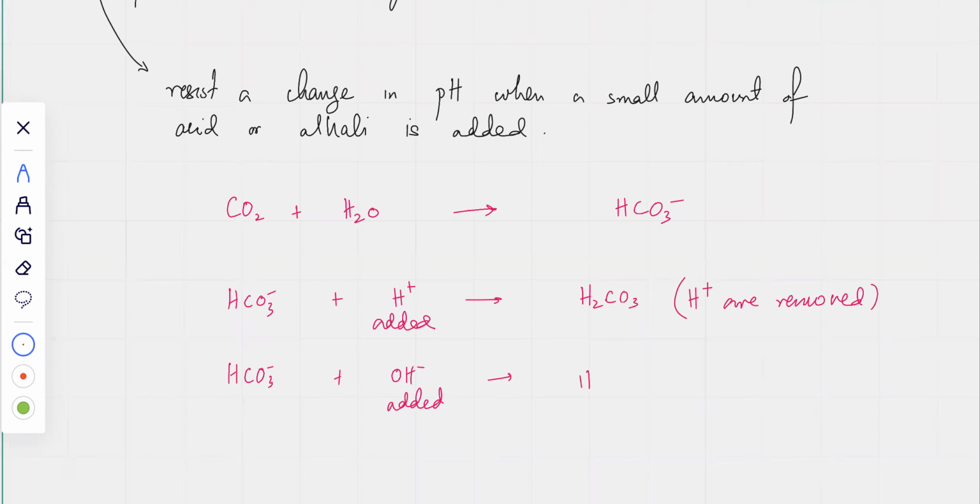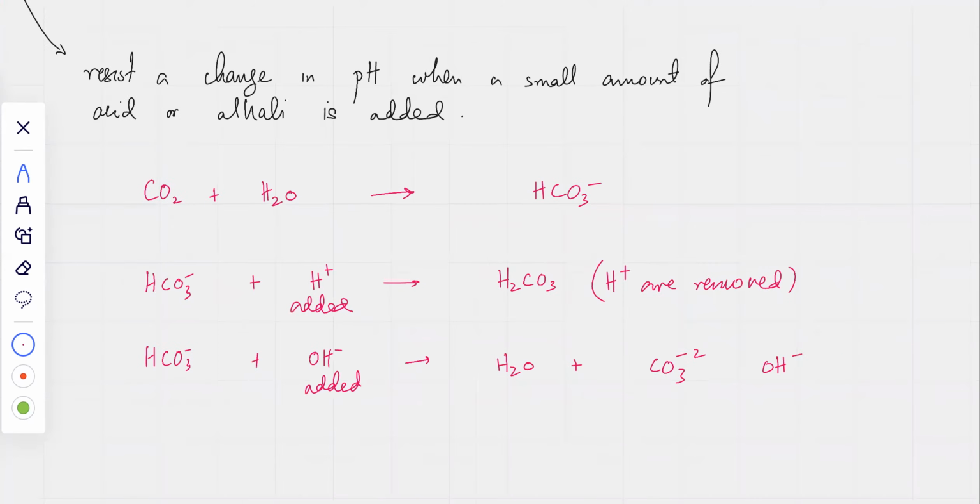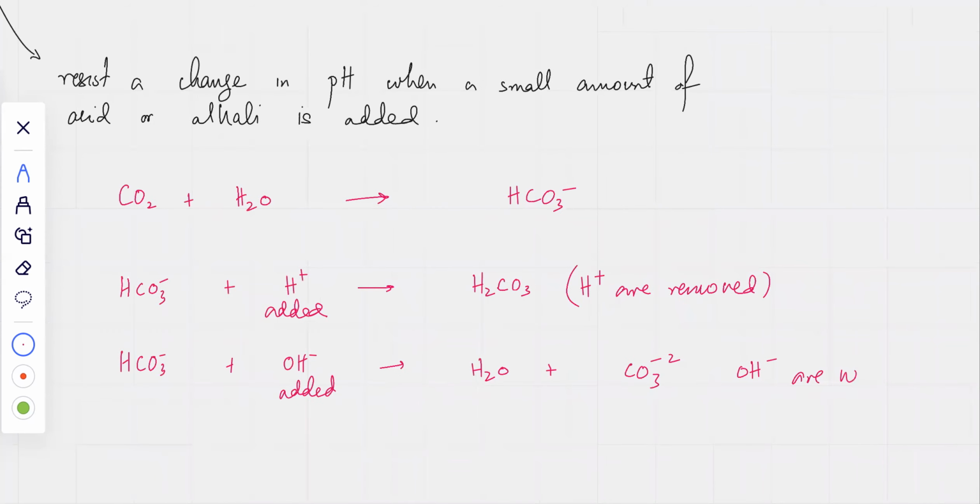The OH ion would turn into water, and a CO3 minus 2 ion is going to be produced, which means the OH ions are neutralized. Is this point clear? How the blood is resisting a change in pH. Yes.